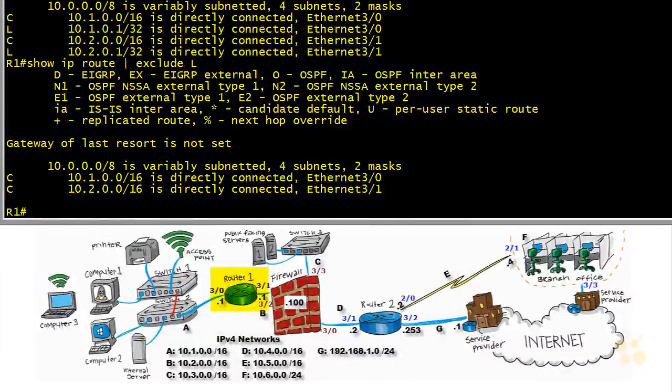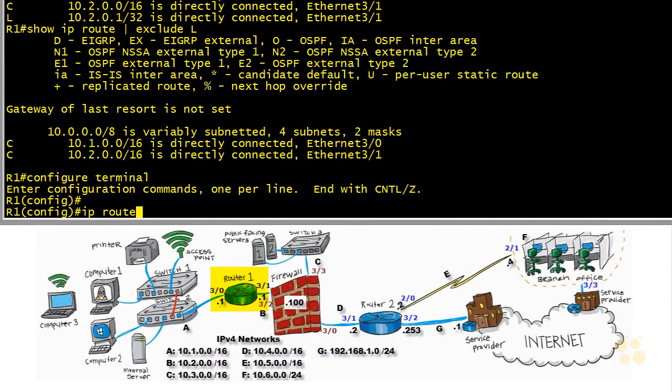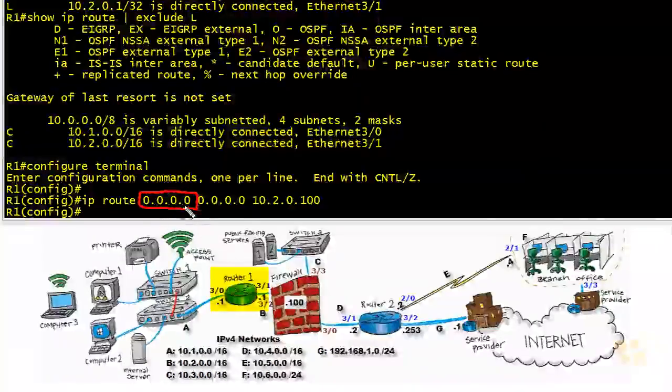So here on router 1, let's go into configuration mode with the command config terminal, and we'll configure a static default route using the command ip route quad 0 space quad 0, and then the next hop of 10.2.0.100, which is the firewall. So there's our quad zeros with 3 periods in between.